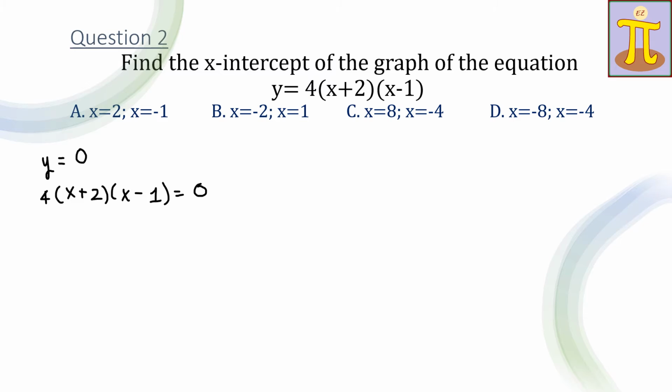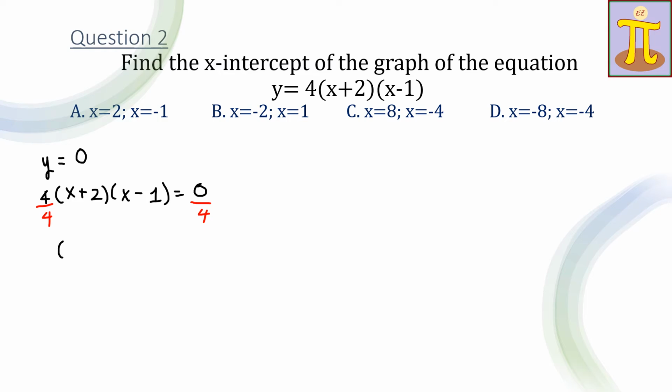Now we divide both sides by 4. So 4 divided by 4 is 1. 1 multiplied with anything is just the thing we multiply with 1.